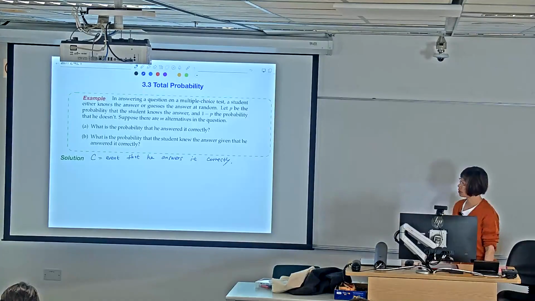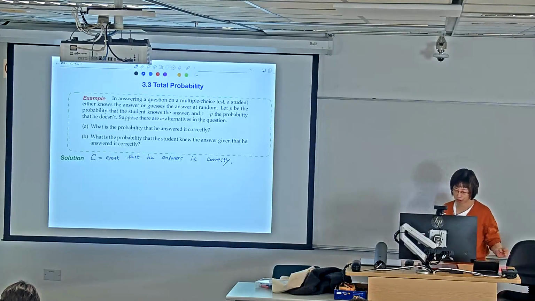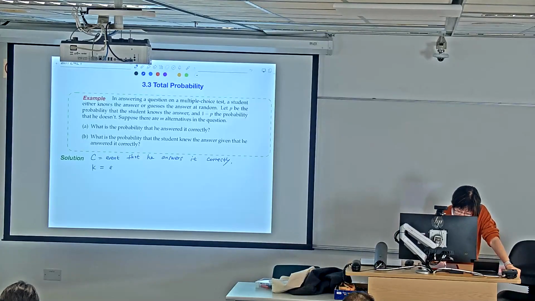And from what is given, whether the student answers correctly depends on whether he knows the answer or not. So let's denote K as the event that he knows the answer.